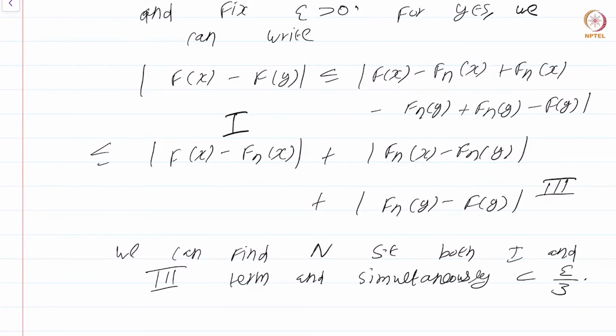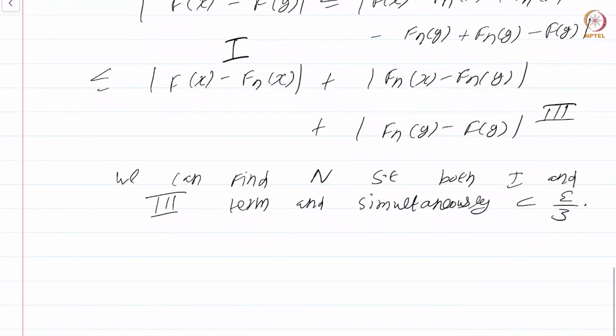No matter what points x and y you choose in the set S, you can always find a capital N such that mod fx minus fnx is less than epsilon by 3, mod fny minus fy is less than epsilon by 3. So these first and third terms can be made less than epsilon by 3 simultaneously. It doesn't matter where x and y are.